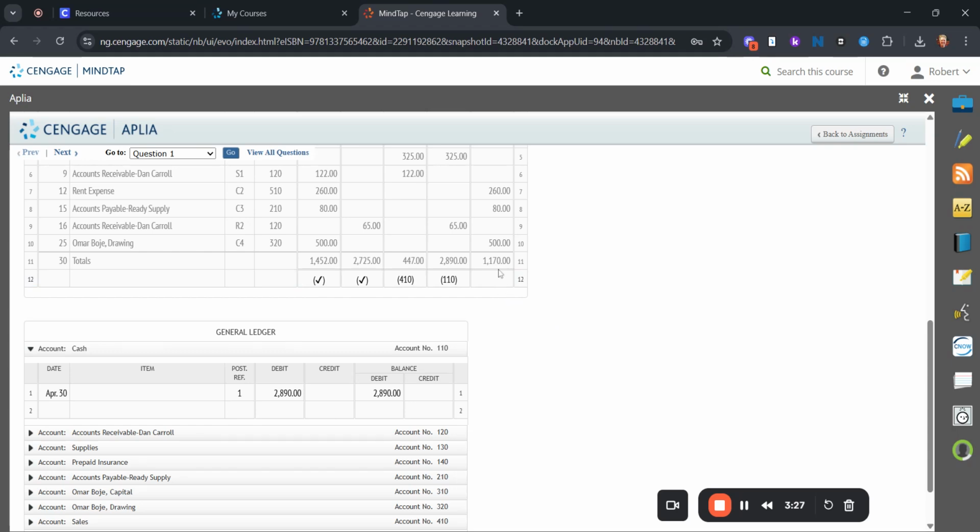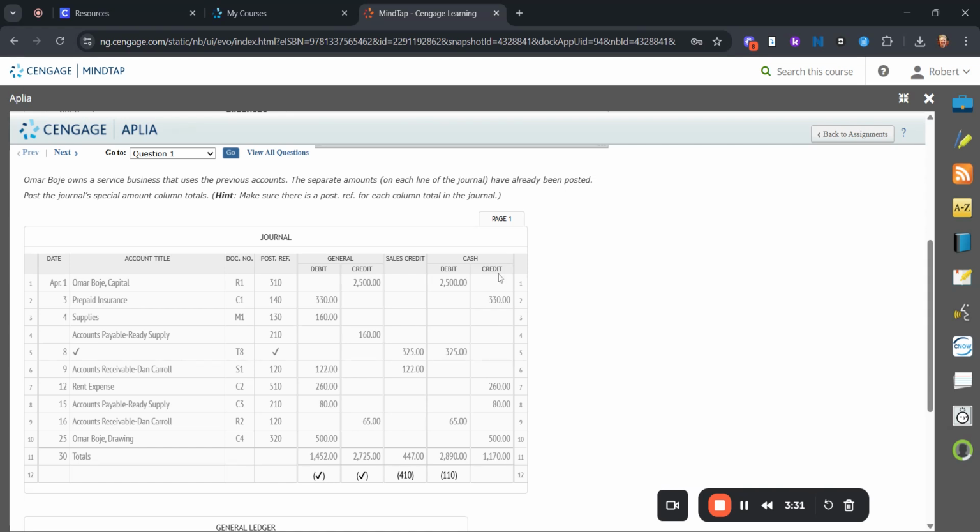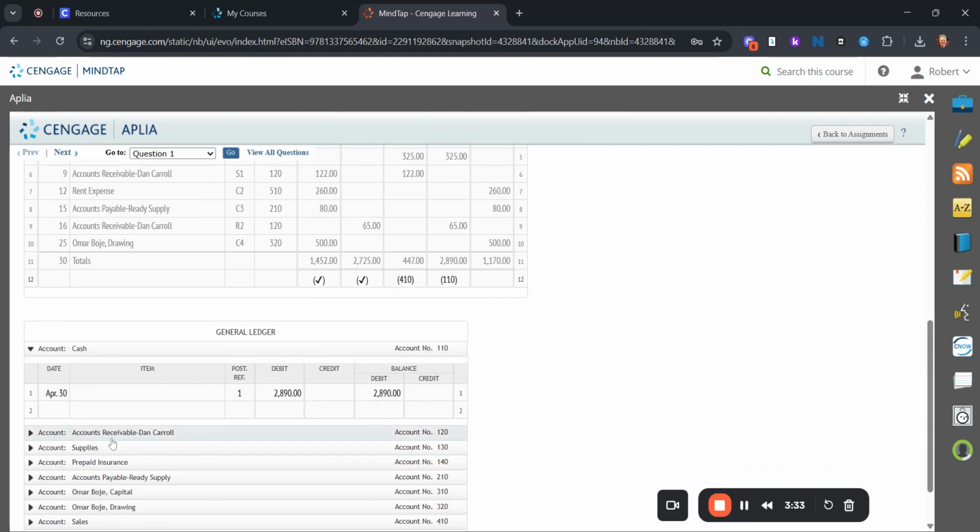And now we're going to enter the credit amount for the credit column. So we'll put a 30 there again, page 1 of the journal, and now a credit entry of $11.70.